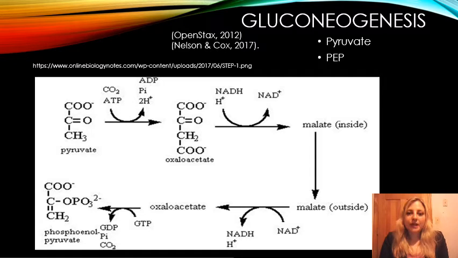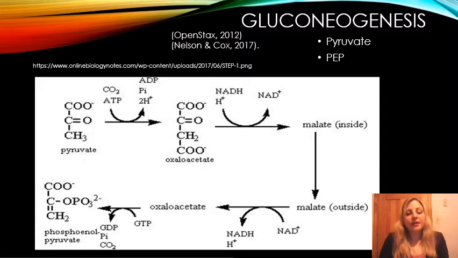In order to overcome this barrier, NADH is oxidized and oxaloacetate is reduced via malate dehydrogenase into malate. This formation can cross the mitochondria to be reoxidized by the same enzyme and NAD+ to oxaloacetate again.